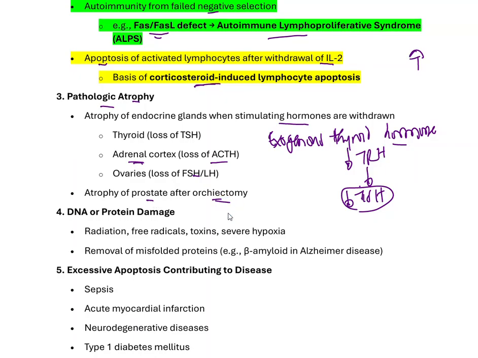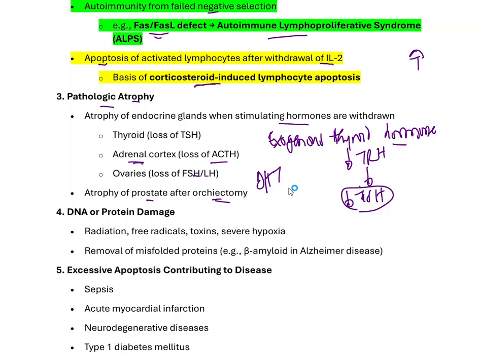Also atrophy of the prostate after orchiectomy. Why? Because if you remove the testes, there will be no what? There will be no androgen, right? And one of those androgens is going to be what? DHT, dihydrotestosterone. And this dihydrotestosterone is what normally stimulates what? The prostate. So that's the idea when people have disease like prostate cancer, whereby we recommend removal of the what?